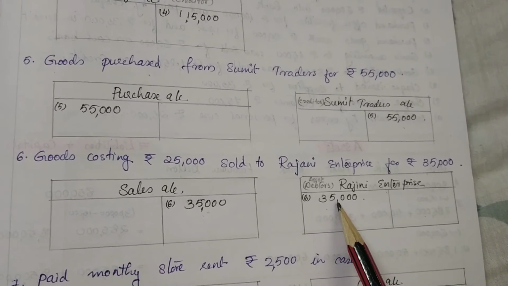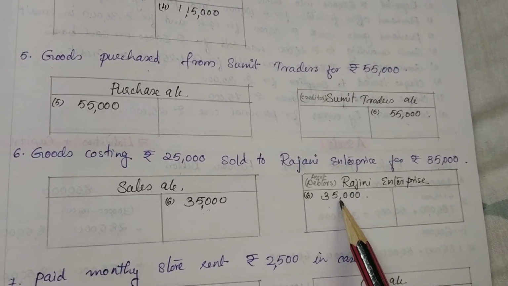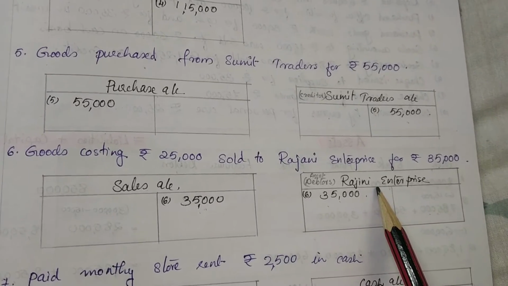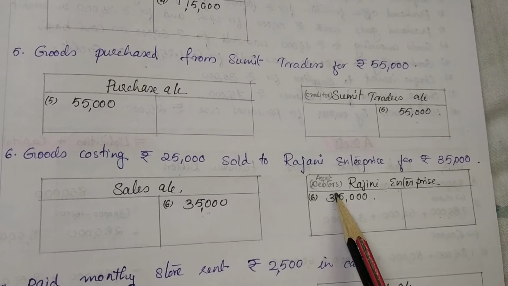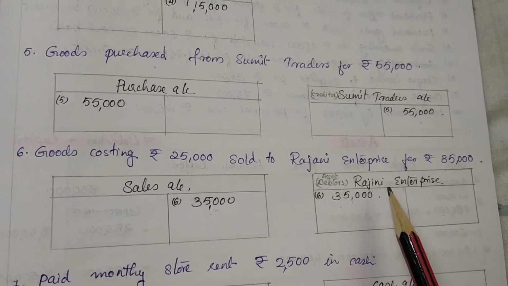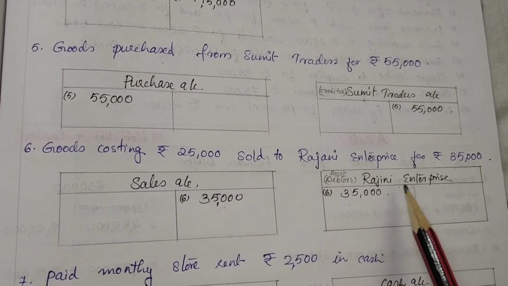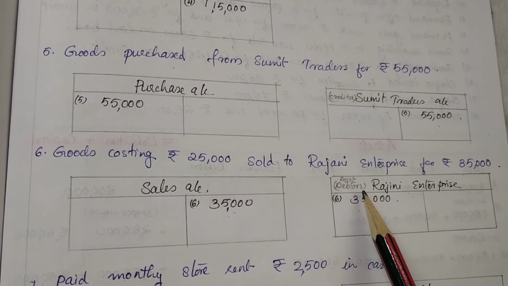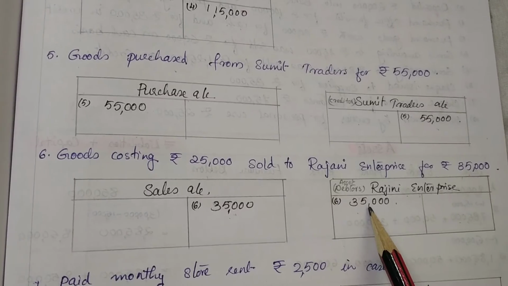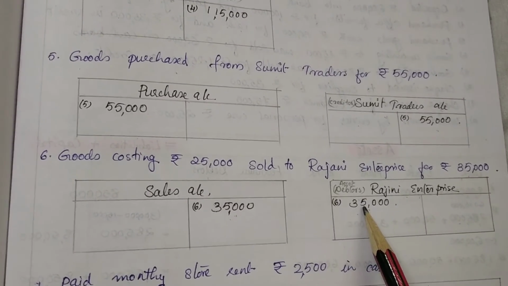Because we didn't get money but we will be getting it later, right? So Rajani Enterprises is a debtor to the company. You already learned the meaning of debtor. Rajani will be paying the amount later. That is an asset. Debtors are assets. So the asset is increasing, so we are debiting that amount.